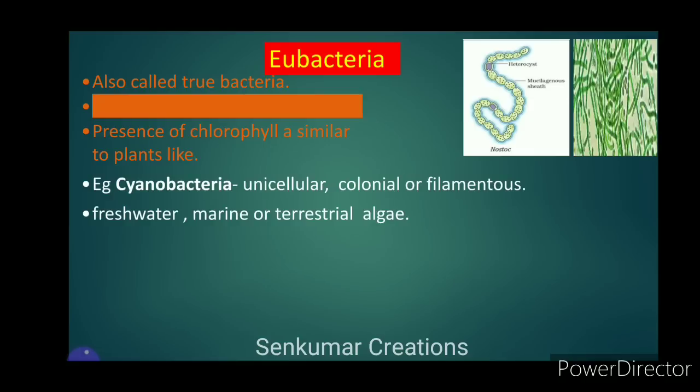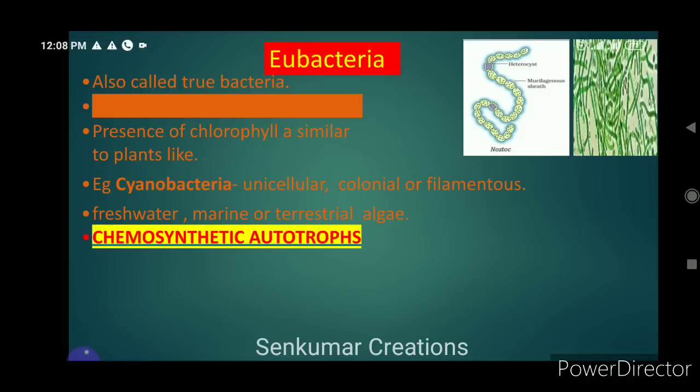Colonial means a group of organisms living together, a large number of organisms. Filamentous means it looks like a filament; you can see this picture, right side, green color. And it is found in freshwater, marine water or terrestrial habitats. So next is the chemosynthetic.